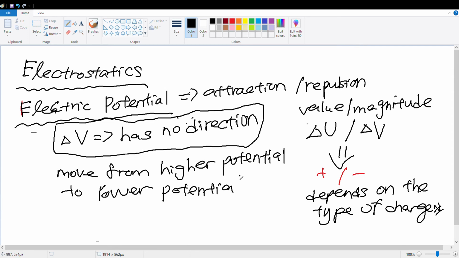This is always the direction for the electric potential, which is from the higher potential to lower potential.